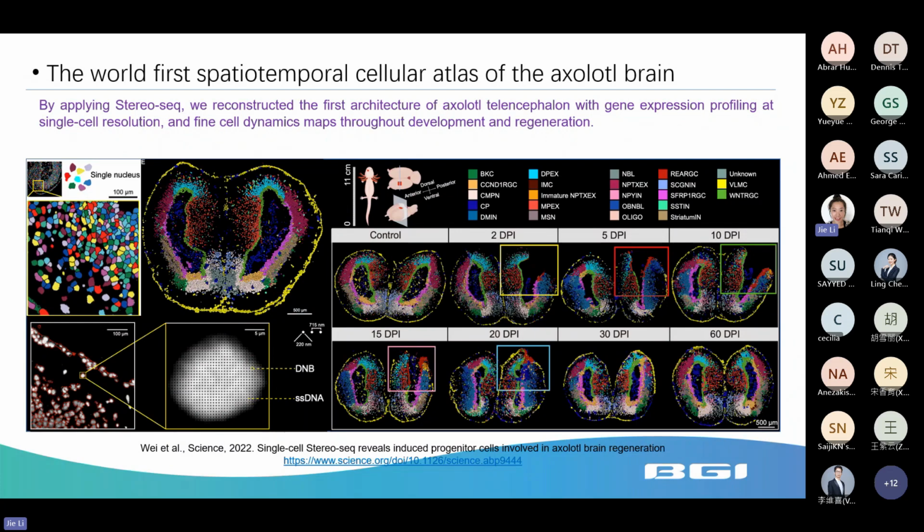But axolotl exhibit strong organ regenerative capabilities, and the brain anatomy of axolotl bears some similarities to mammals. From previous studies, the EGC, which is a type of gliocyte, was equivalent to mammalian neural stem cells and plays an important role in brain regeneration.